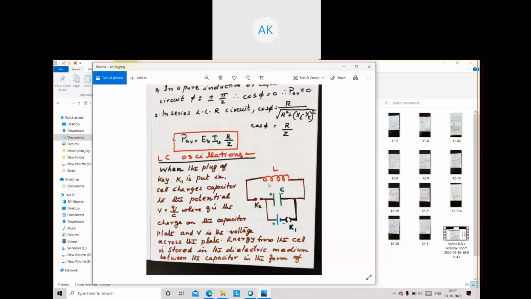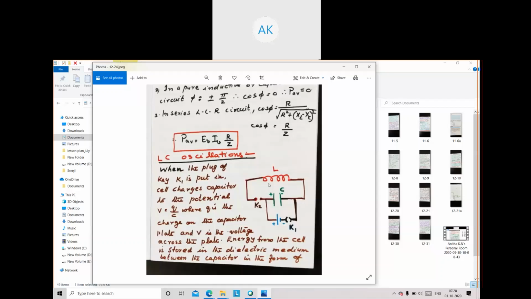An EMF will be induced in the inductor to oppose that decrease in flux. Whether it is an increase in flux or a decrease in flux, an EMF will be induced in the inductor because of the property of self-induction. But when the flux linked with L decreases, the induced EMF will be in the opposite direction as before.